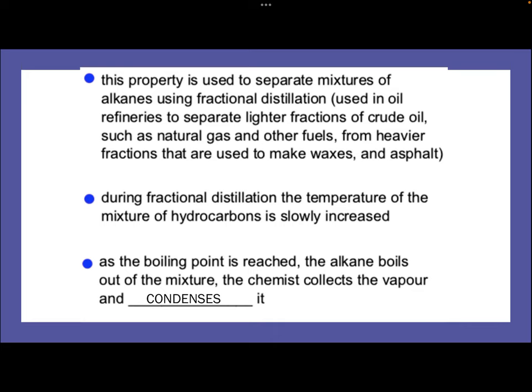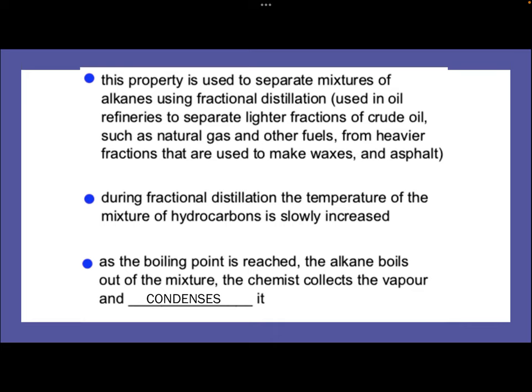So we use this property to separate mixtures of alkanes using fractional distillation. That is a process used in oil refineries that separates lighter fractions of crude oil, such as natural gas and other fuels, from heavier fractions that are used to make waxes and asphalt. So fractional distillation is a process of separating our mixtures.